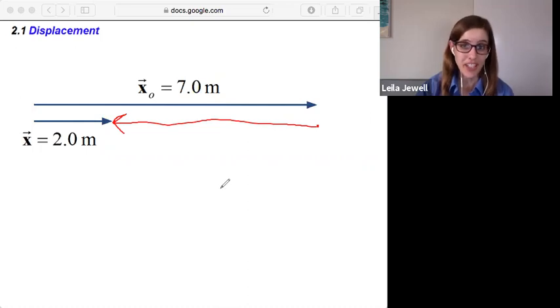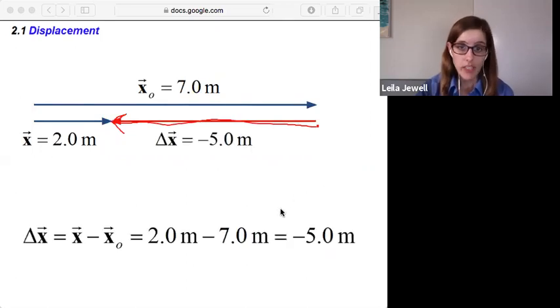So this is the negative 5 meter direction. We can see that mathematically too. If we take 2 meters and subtract 7 meters from it, we get negative 5. That negative is a key detail that tells us we have shifted in the negative direction.